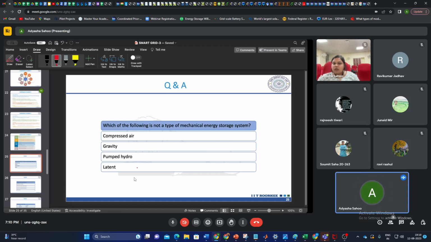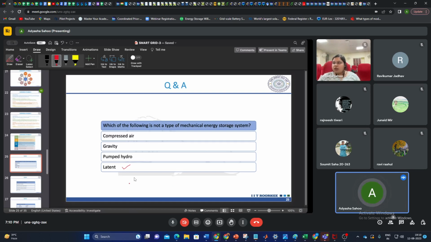In latent, the correct answer is obviously latent, as Mr. Rajnish had said. What happens in a latent energy system is we have phase changing materials. For example, when there is high energy, the solid material may be changed to liquid state, and again when we have lower energy, this process may be reversed, liquid to solid.